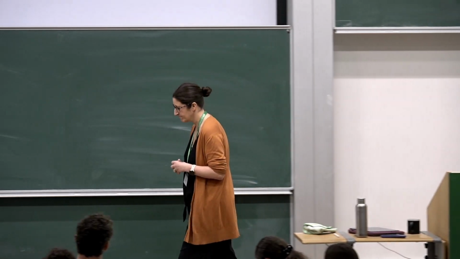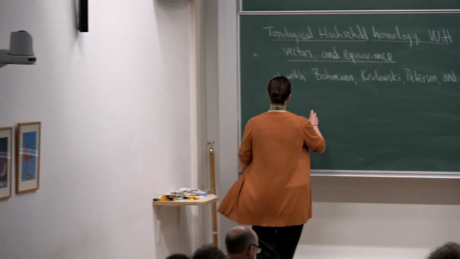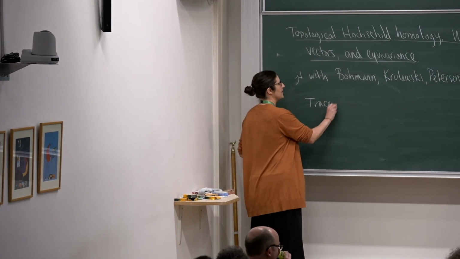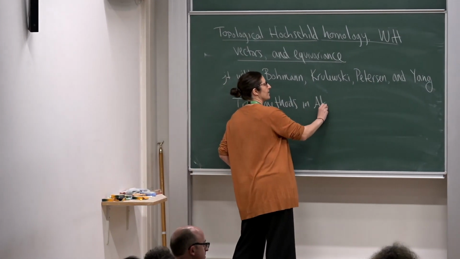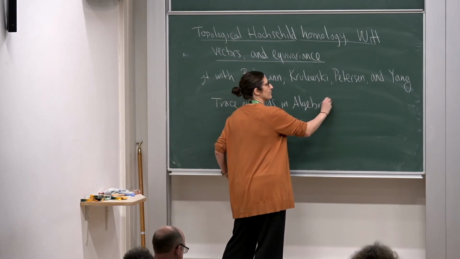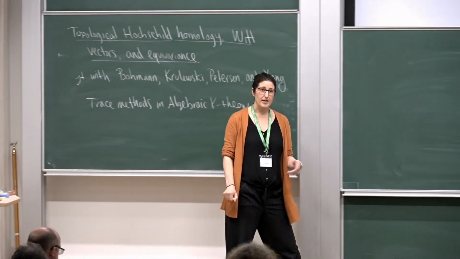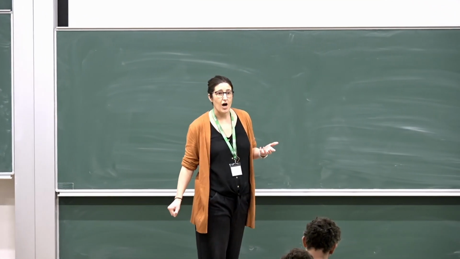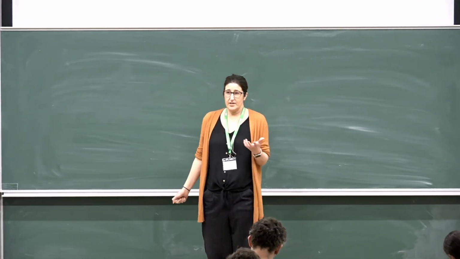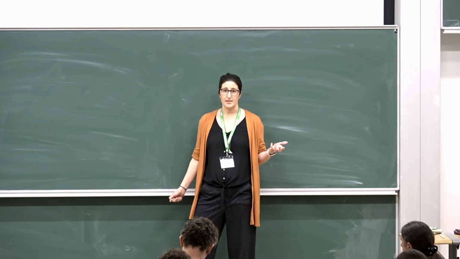Okay, so the motivation for this project comes out of trace methods in algebraic K-theory. So I want to start by saying a little bit about that. We've heard about algebraic K-theory already this week, and one of the takeaways from, for instance, Mona's talks is that algebraic K-theory is this really interesting invariant of rings that connects to different areas of mathematics.